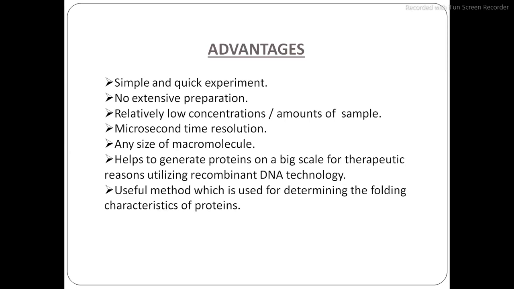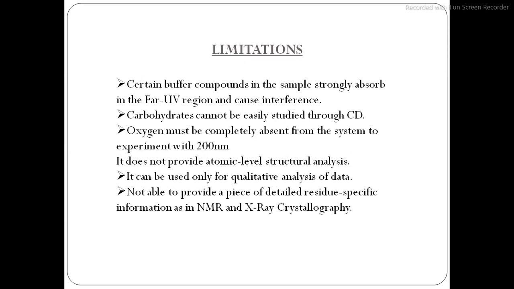Any size of macromolecule can be determined by using circular dichroism, and it is also useful for determining the folding characteristics of protein. Circular dichroism also helps to generate proteins on a big scale for therapeutic reasons utilizing recombinant DNA technology.